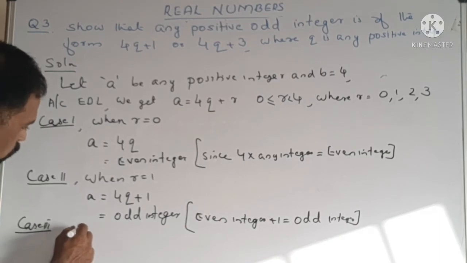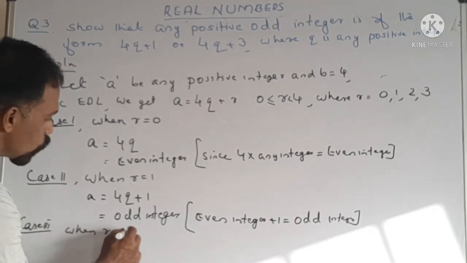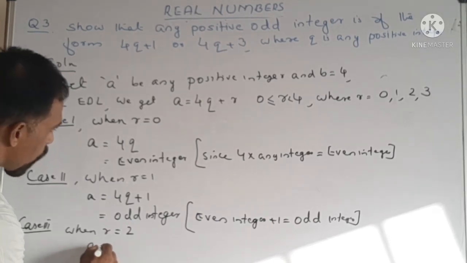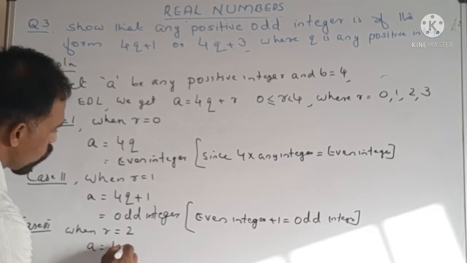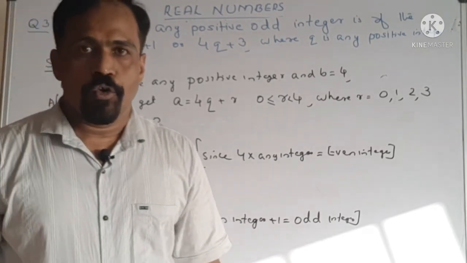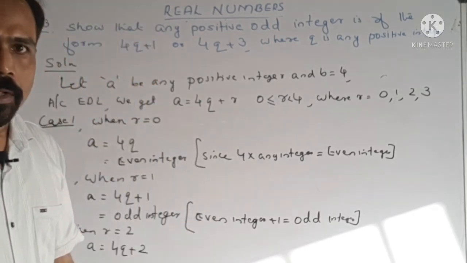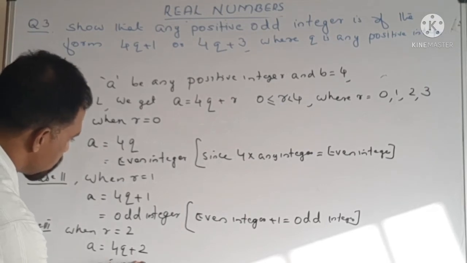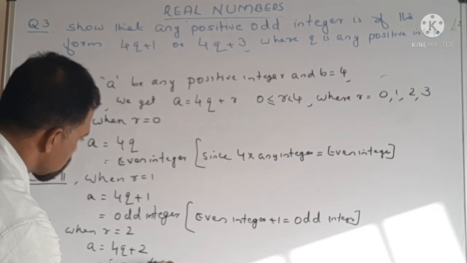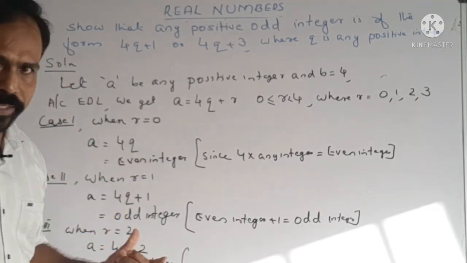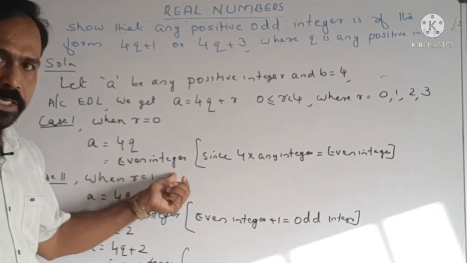Now case 3, when r is equal to 2. Our equation will become a is equal to 4q plus 2. Now this will be an even integer. Why? Because you have already proved that 4q is an even integer.